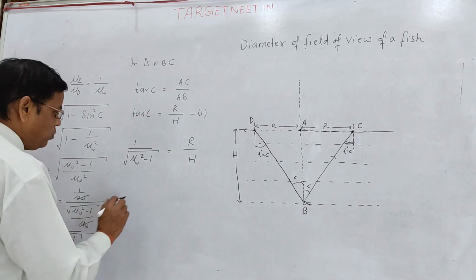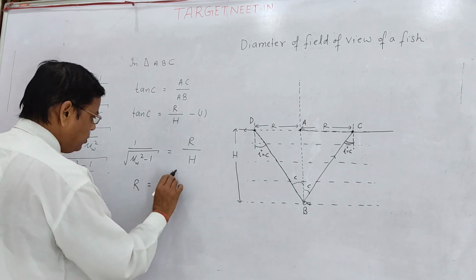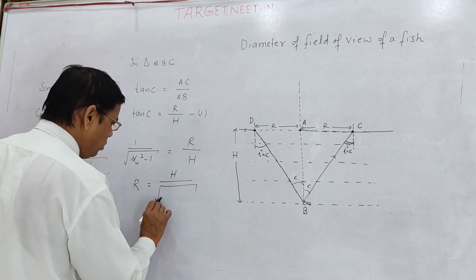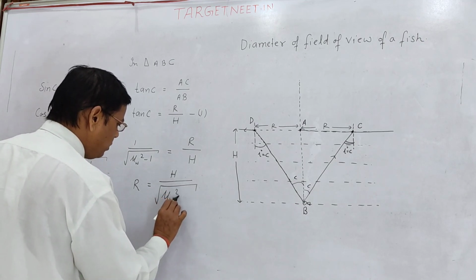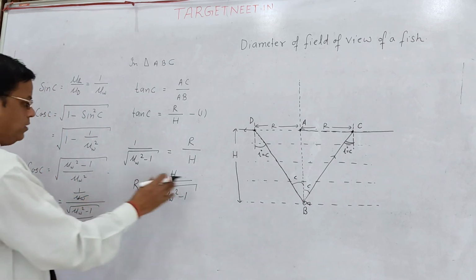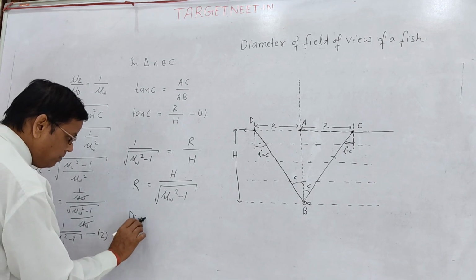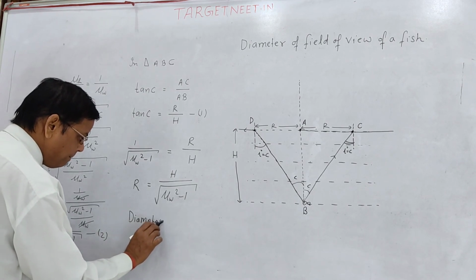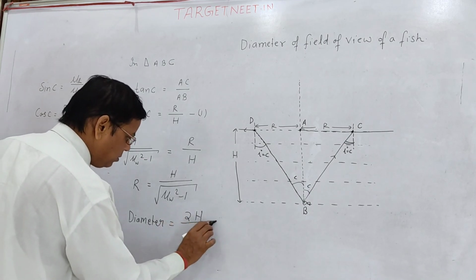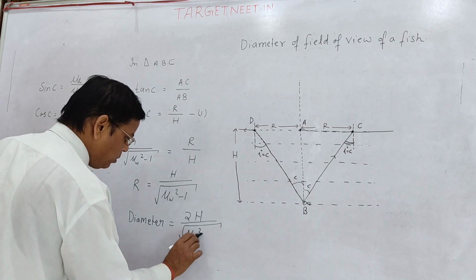So radius will be equal to H divided by under root mu of water square minus 1. This is the radius, so the diameter is twice of this. The diameter of the field of view is 2 times H divided by under root mu water square minus 1.